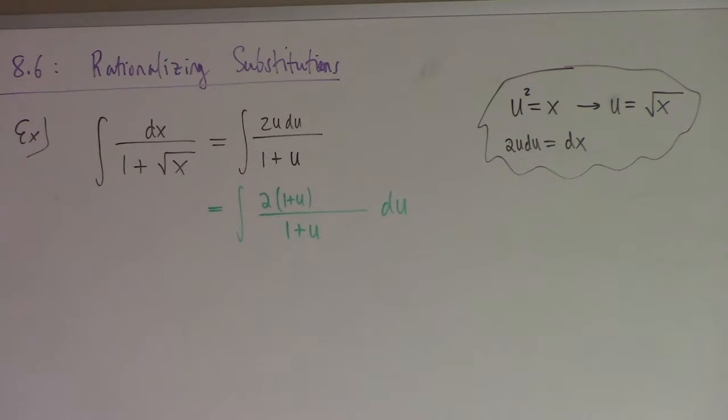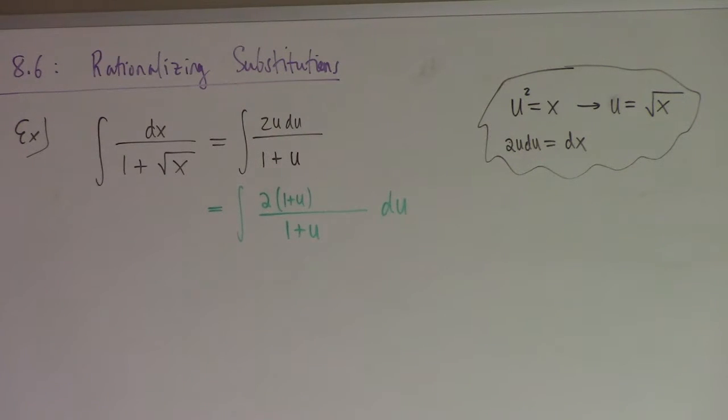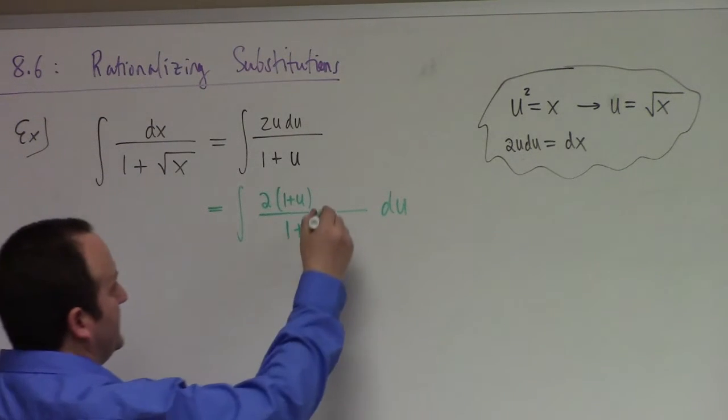See, I have to put a 2 there because I've got a 2u up here. And I want that 1 plus u because then it will cancel with the denominator. But by doing that, what have I done? I've added a 2 that wasn't there. So what do I have to do to be fair? Subtract 2.